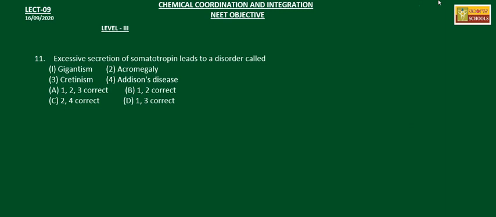So the next question, excessive secretion of somatotropin leads to a disorder called. So this somatotropin is called the growth hormone. So the other name of growth hormone is somatotropin. So it's a human growth hormone and is responsible for growth of the body.